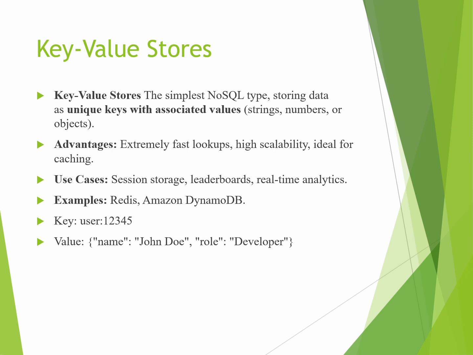That value may be string, numbers, or objects, any data type. Advantages: extremely fast lookups, high scalability, and ideal for caching. The use cases are session storage, leaderboards, real-time analytics. So, here is an example for key value pair where name is the key and John Doe is the value. Role is the key and developer is the value.